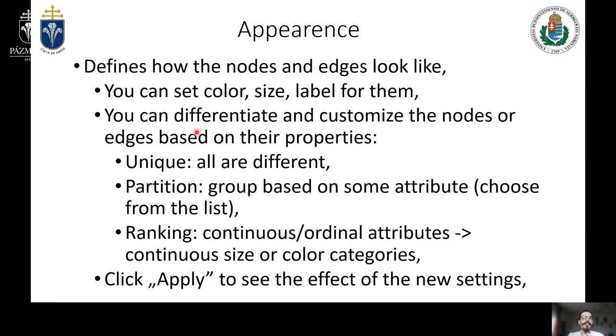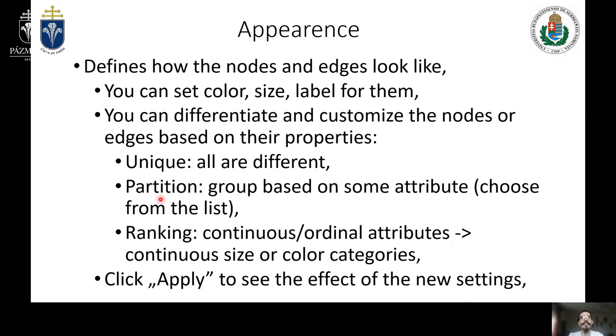You can, for example, add the same color for every node, or you can group the nodes based on some of their properties chosen from a list of the available properties of the nodes, or you can assign some continuous value to each node and color them based on this continuous value.